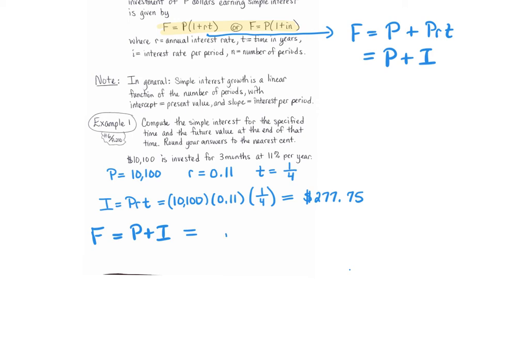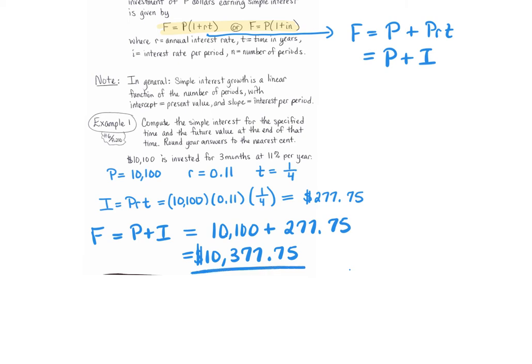P is 10,100. And then we're adding our simple interest, which we found to be 277.75. So this is equal to $10,377.75. And we're talking about money here. Okay, so we have our future value and we have our simple interest.